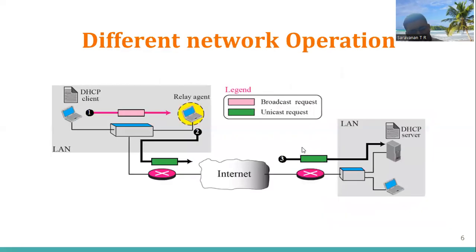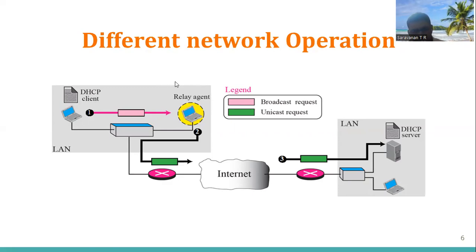But when you're going for DHCP operation in a different network, here we have a new concept called relay agent. In that, we have broadcast request and unicast request available. The relay agent is a mechanism used when you are going to use DHCP in a different network.